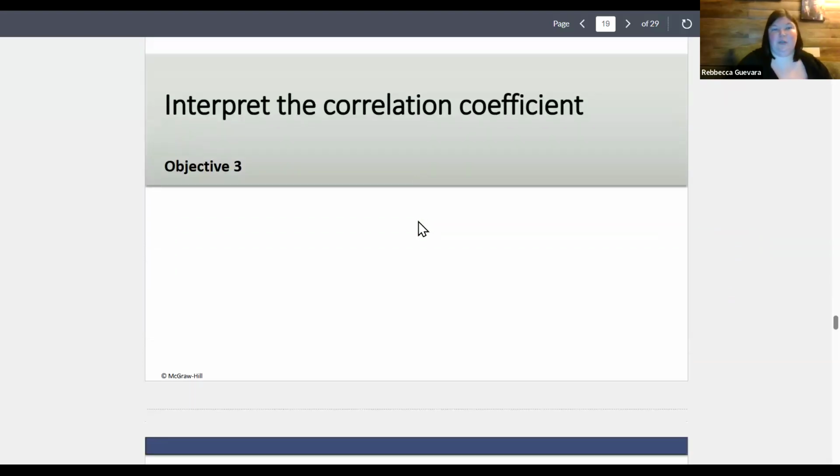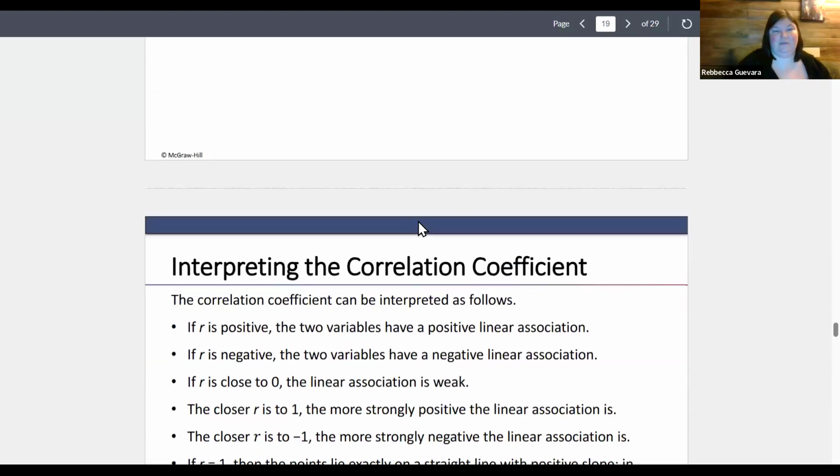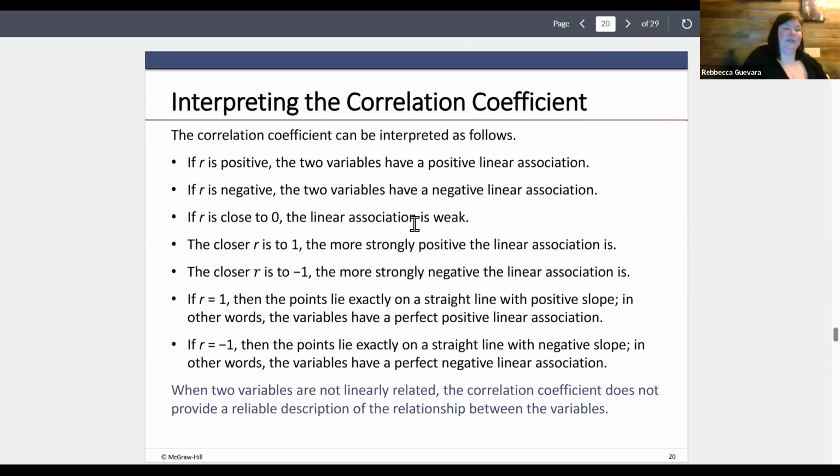So how do we interpret this correlation coefficient? Well, I just kind of interpreted a little bit for you, but here's some general rules for it. If R is positive, we have a positive linear association, assuming this was a linear relationship to begin with. If your R is negative, like we saw in our last example with the sweets and the sleep, then we have a negative linear association.